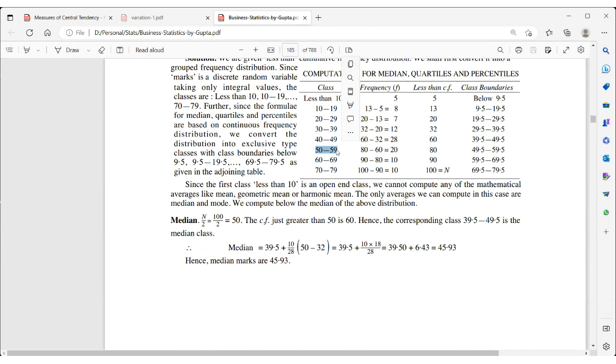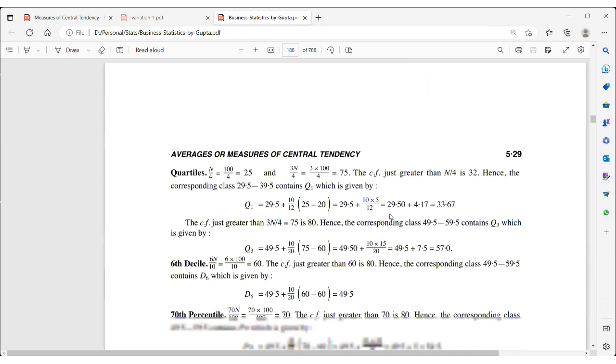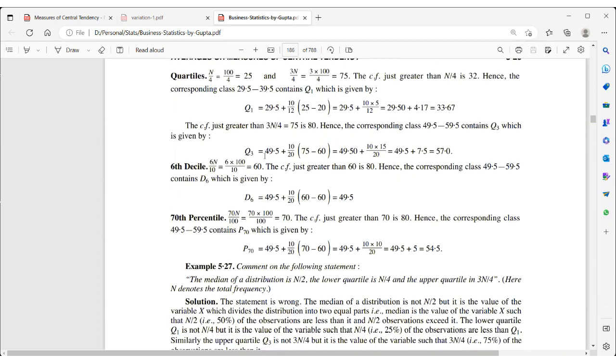Now in this case, L is 50. Frequency is 20. Capital C value is 60. H is 10 in all these cases. So L is 50, H is 10, and the frequency F is 20. 3n by 4 is 75, minus capital C value, already told you, 60. On solving, we get this value, right?